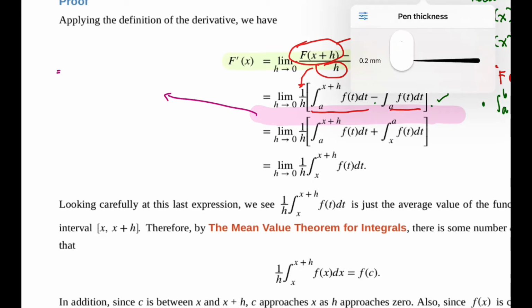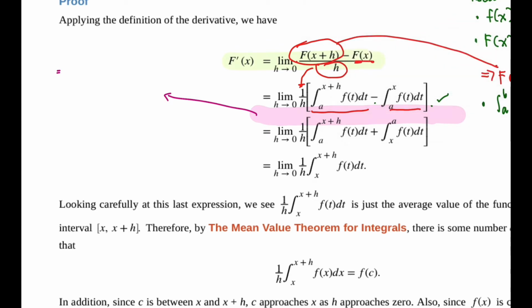This should be the limit as h approaches 0 of one over h times, I'll just copy the first term, the definite integral from a to x plus h of small f of t dt, minus the negative of the definite integral of f of t dt.